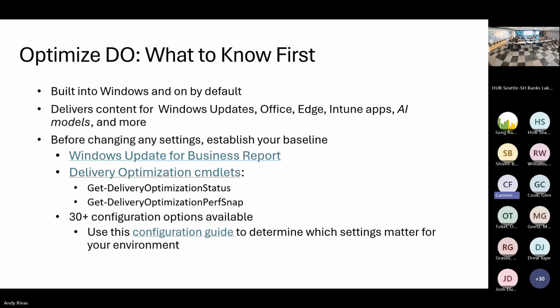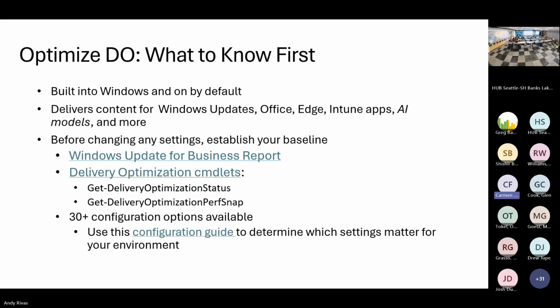And then if you look at your results and you decide, yeah, I'm getting maybe 15% all up, all my content is being delivered through peering or caching or whatever you have set up, and you want to see if you can get more out of that, then it's time to look at the configurations and see what knobs and levers we can start tweaking to dial it in for your environment specifically.